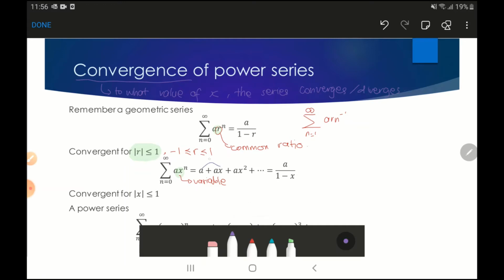This term is times x, and this is again times x. So we have this sum. To get this sum, we actually need the series to be convergent.